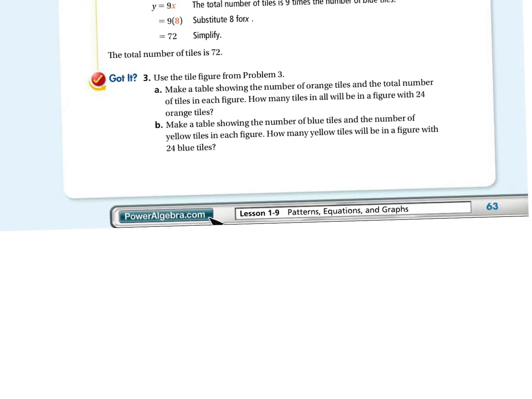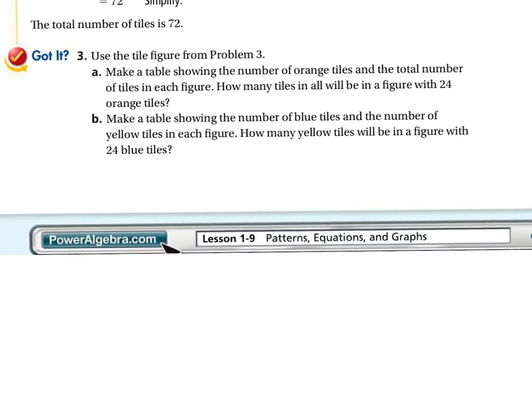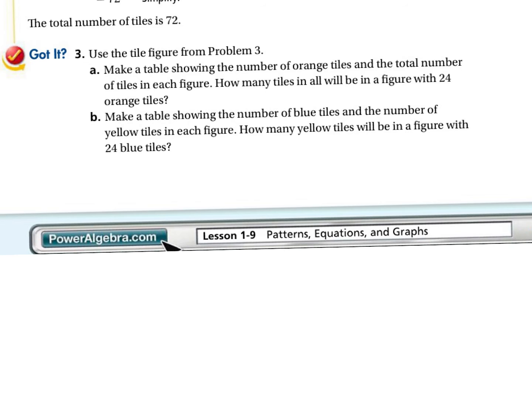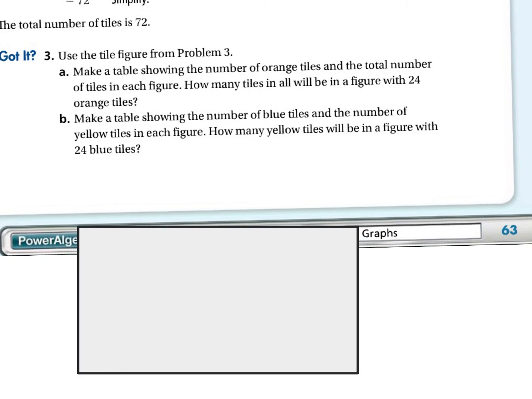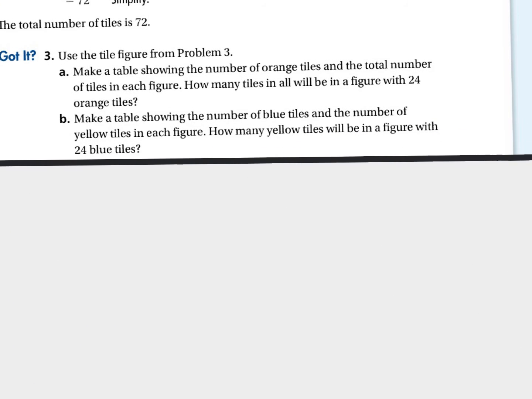So if you look at the bottom of the page, they want us to make a table showing the number of orange tiles and the total number of tiles, and then how many tiles in all will be in the figure with 24 orange tiles. So this one, we're looking at the orange tiles compared to the total.